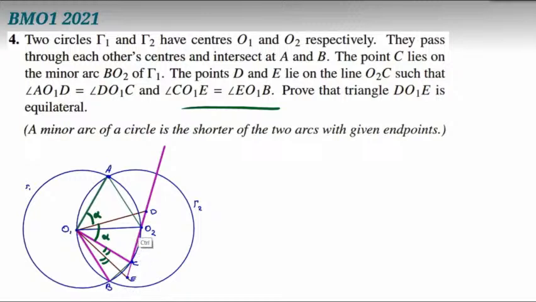So if you want to find E and D, you can draw like this. So we call this part beta, this part beta. Prove that triangle DO1E is equilateral. Okay, DO1E.